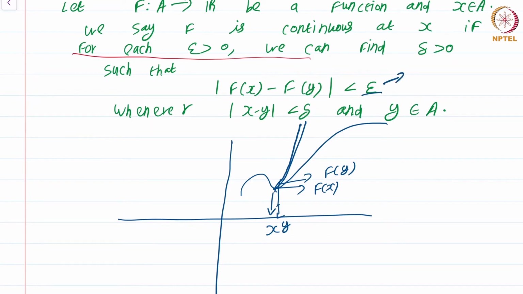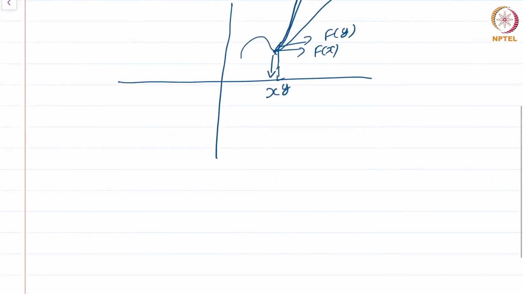I want f of y to be epsilon close to f of x. Then I'll have to return a value of delta which tells me how close y must be to x in order to satisfy the tolerance level. So one way to view this epsilon delta definition is as a challenge. The epsilon delta challenge.